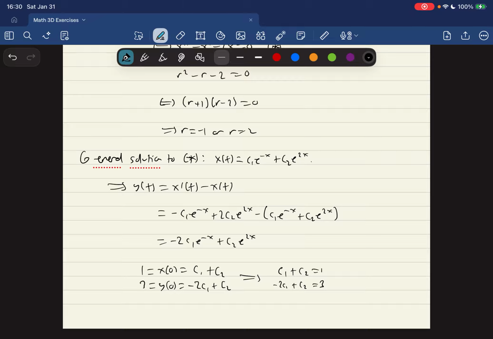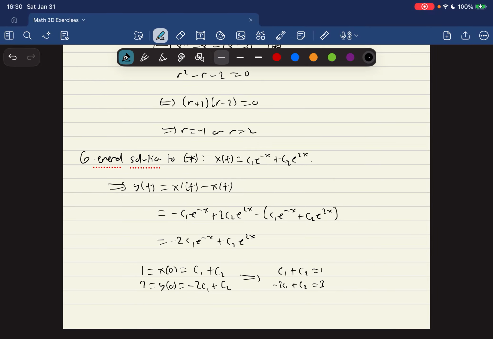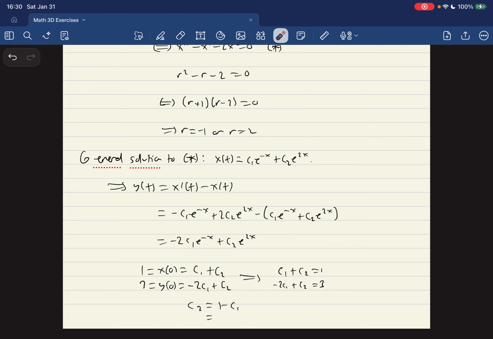And it's our choice which variable to solve for first. What I'm going to do is solve for c2 in both equations to get them equal. And so for the first equation, we get c2 equals 1 minus c1. And from the second equation, we also get that c2 is 3 plus 2c1.